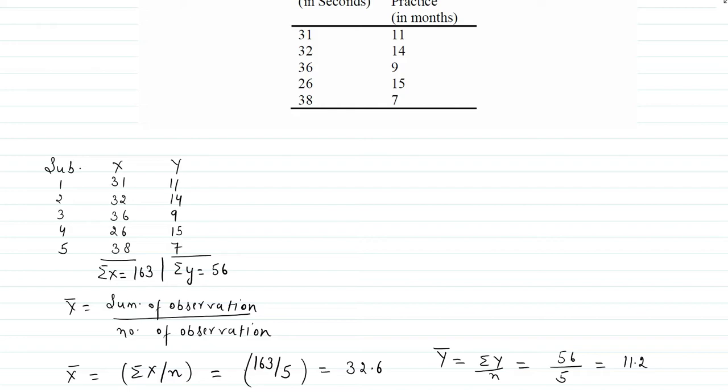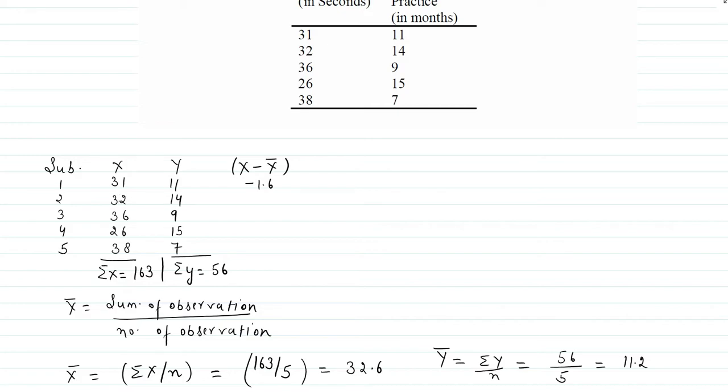So x bar, the mean of x, is 32.6, and y bar, the mean of y, is 11.2. Now the next step is to find x minus x bar. We have to subtract the mean from all the values of x. So 31 minus 32.6 gives minus 1.6.